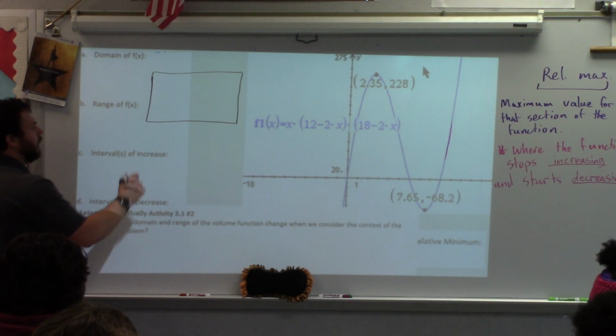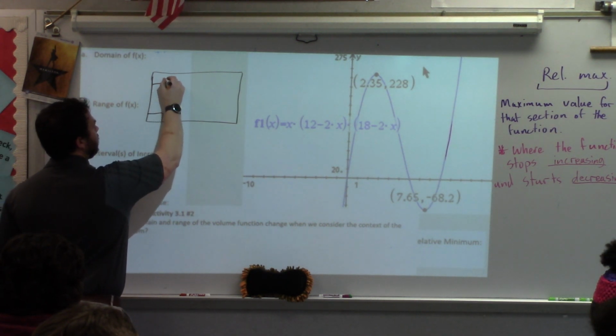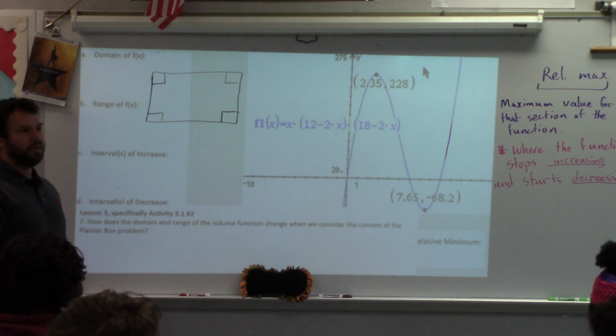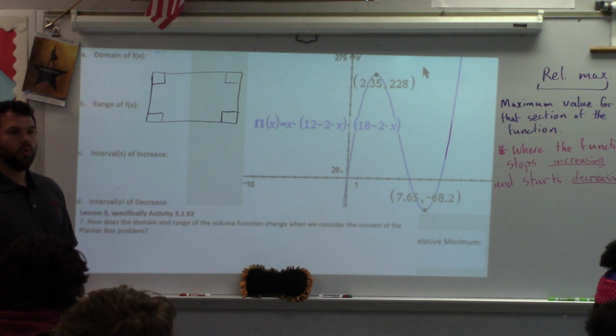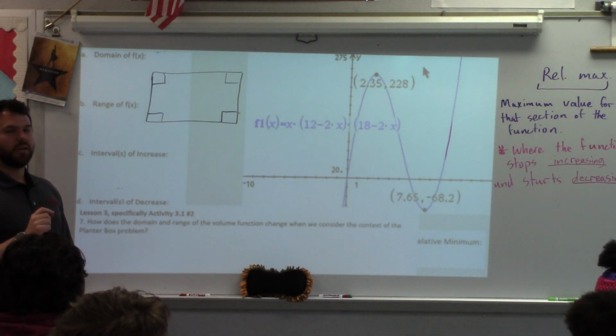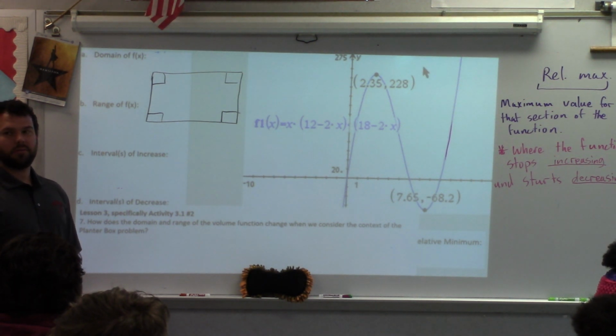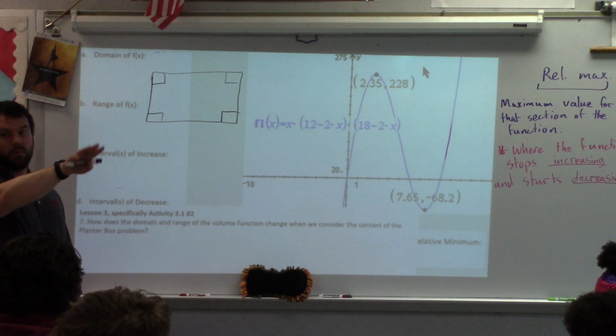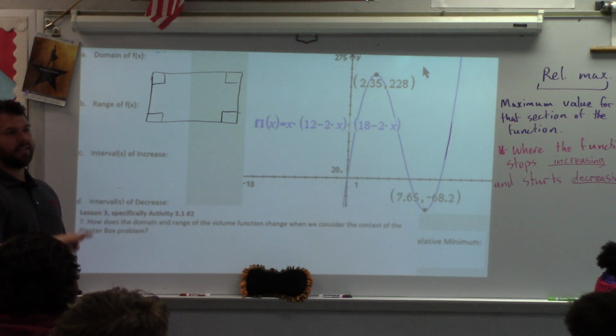We had to cut out the corners with a square. So remember, what is the lowest value that we could have actually cut out? Say it again, Preston. 0, in a way. Now, can you really cut out 0?